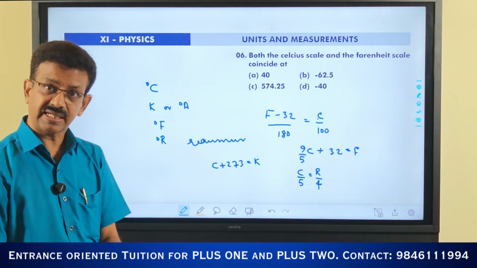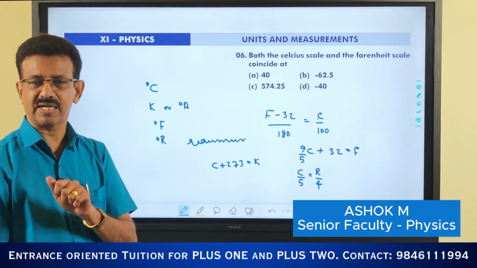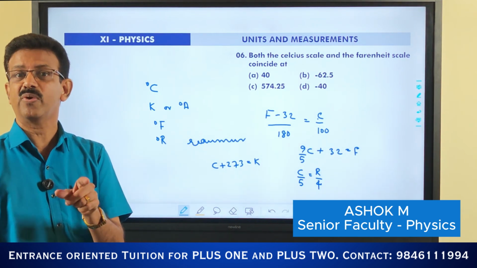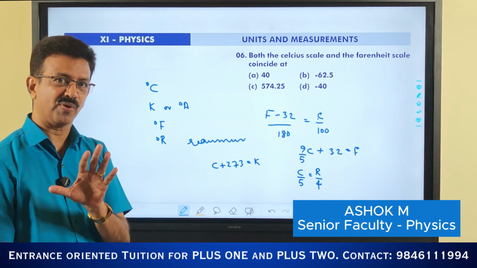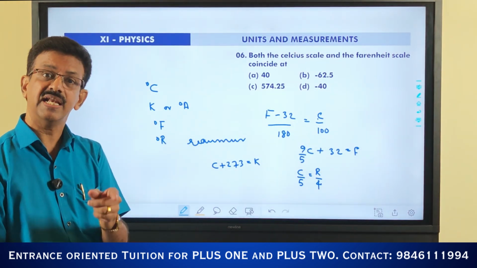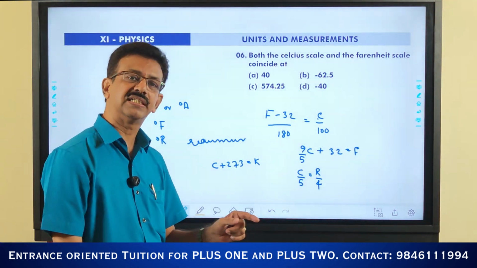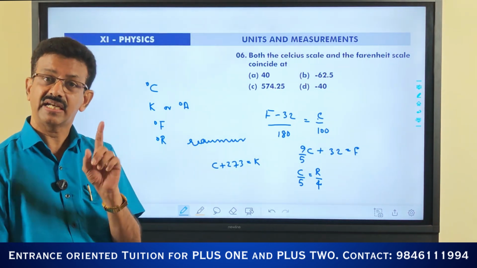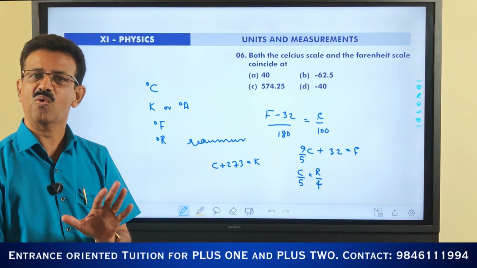Similarly, Kelvin scale and Fahrenheit scale should also coincide at a particular temperature, that's 574.25. At the temperature of 574.25, both the Kelvin scale and the Fahrenheit scale coincide. Similarly, Reaumur scale and Celsius scale can coincide at 0 because C by 5 equal to R by 4 at 0, both will coincide.